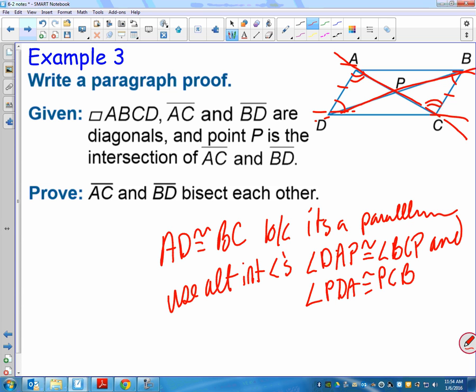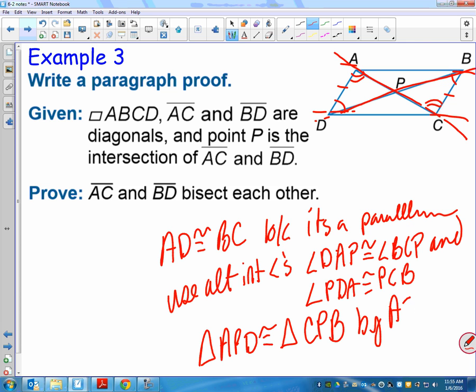So I could say that I know triangle APD is congruent to triangle CPD by angle, side, angle. And if I know they're congruent, I know all their corresponding parts are congruent, which means I know that this side is congruent to this side, and this side is congruent to this side, which proves that they bisect each other. That's a proof of why that theorem's true.